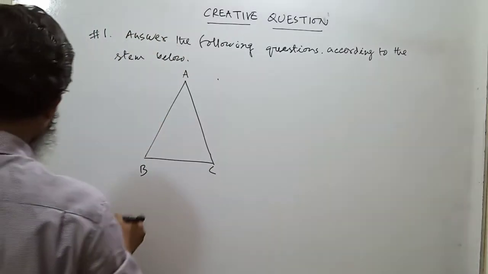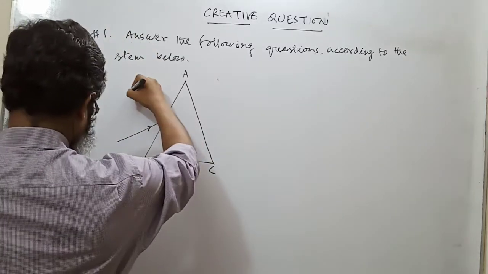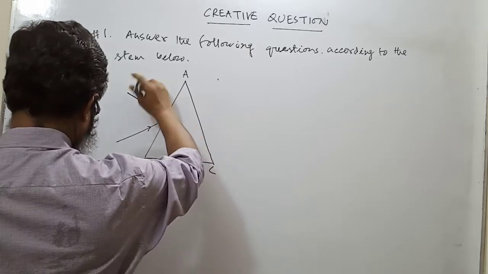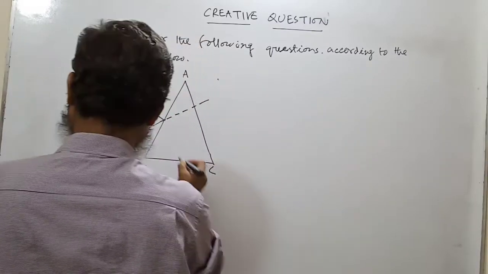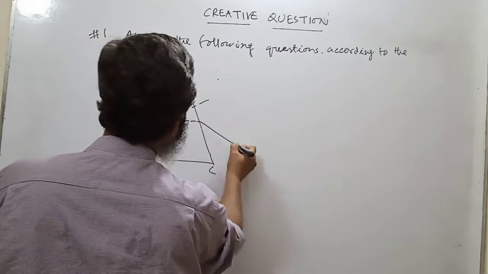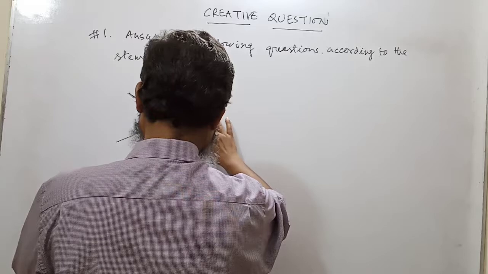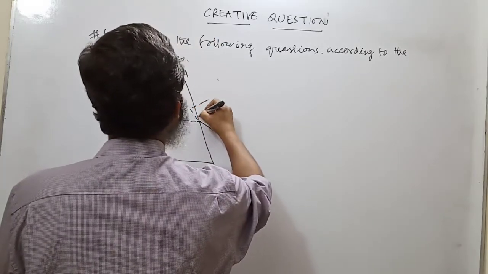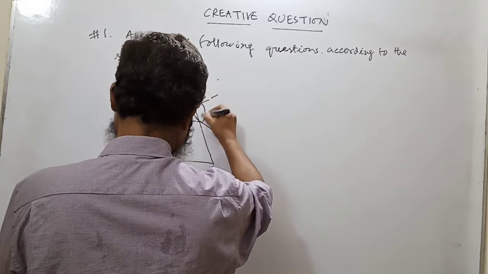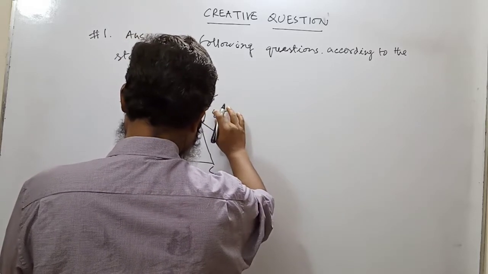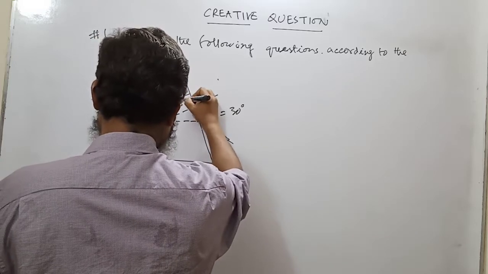ABC is a prism. Here the angle of deviation is 30 degree and the angle of prism is 60 degree.